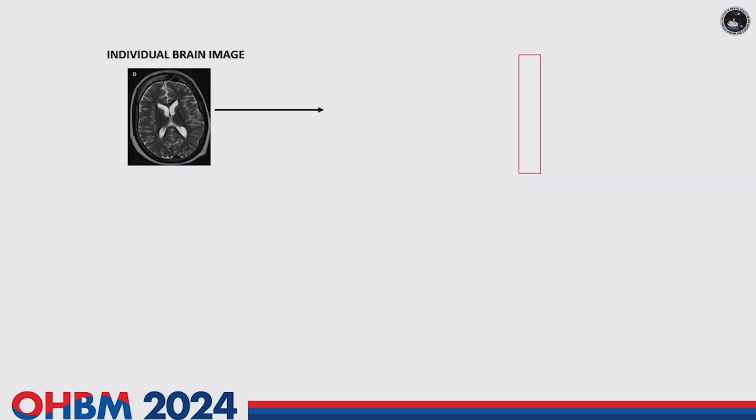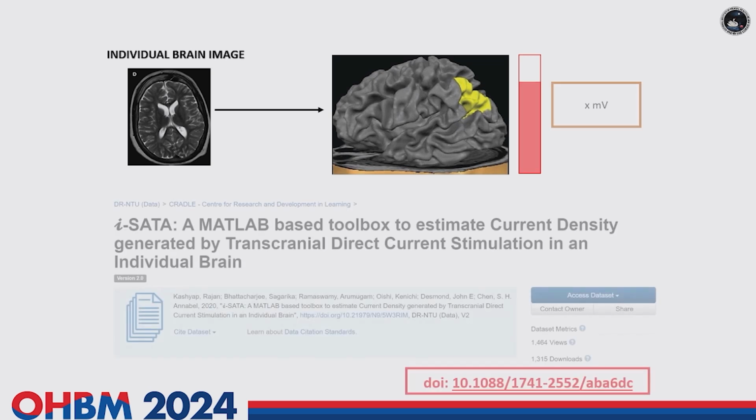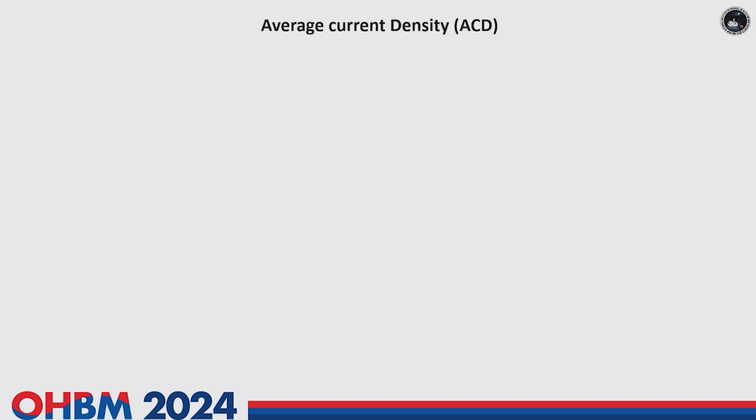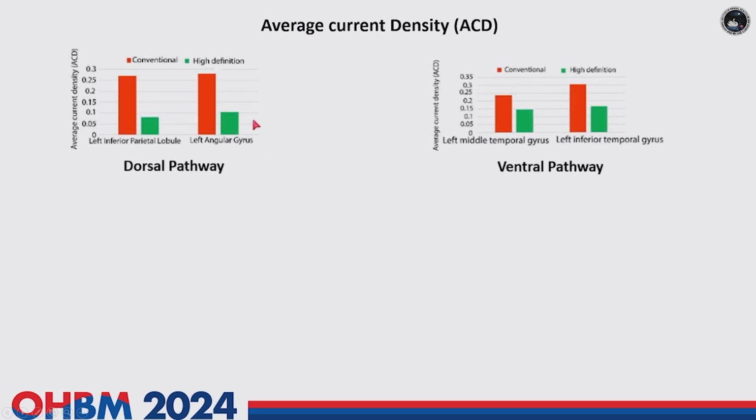To calculate the amount of current at each target region for individual brains, we used ISATA, which is a MATLAB toolbox that estimates the current density across individual ROIs. From this toolbox, we estimated the average current density at the four desired ROIs for the two montages, conventional and HD.